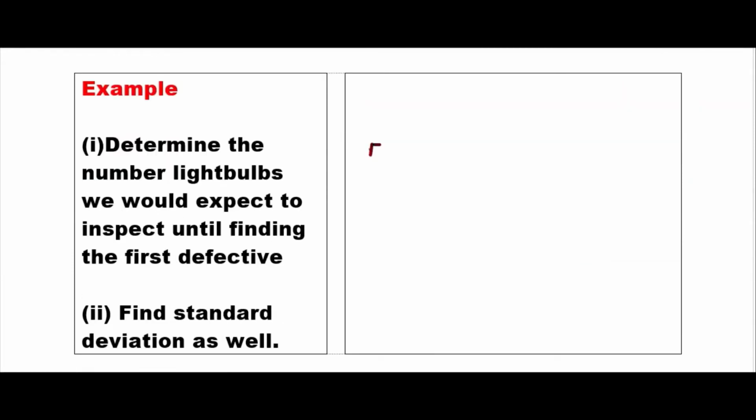Find the expected number of trials required. Remember, the random variable X was the number of trials.